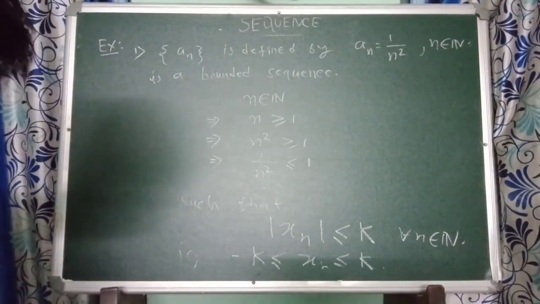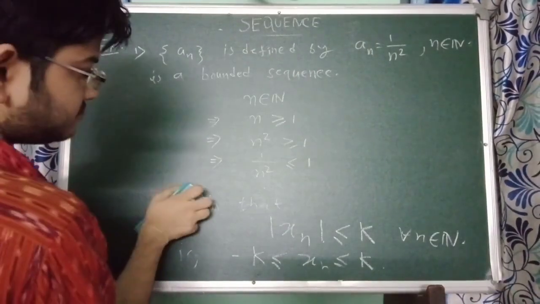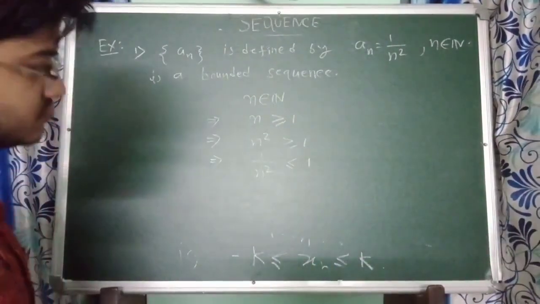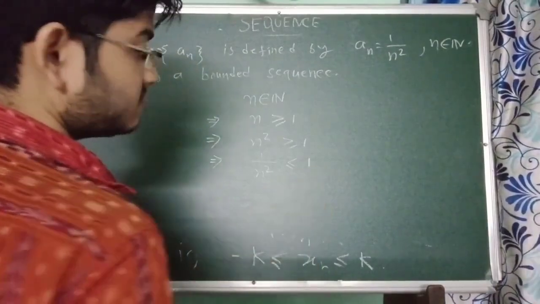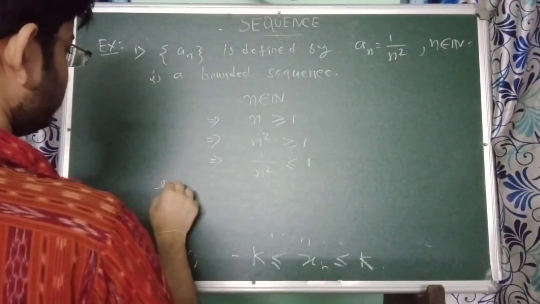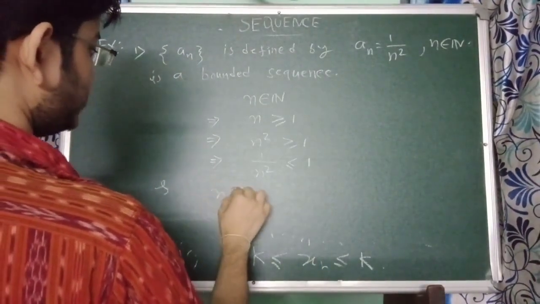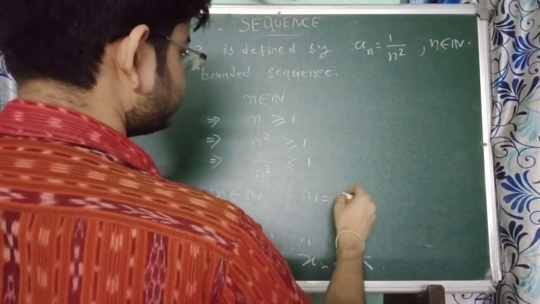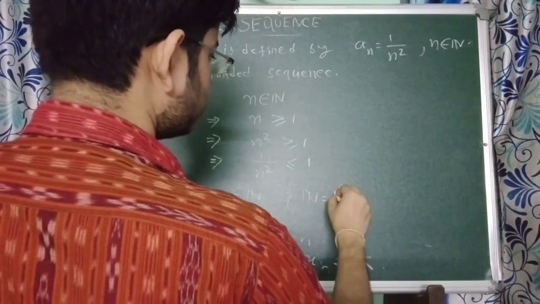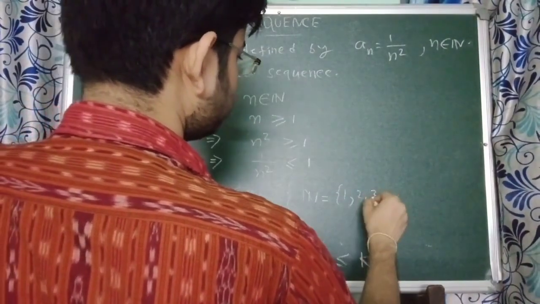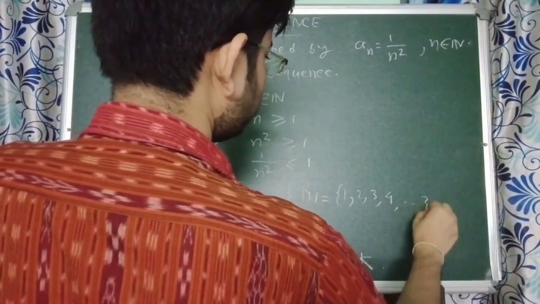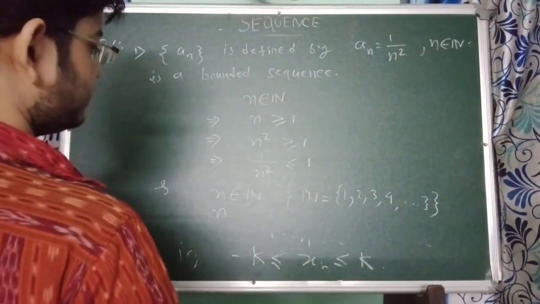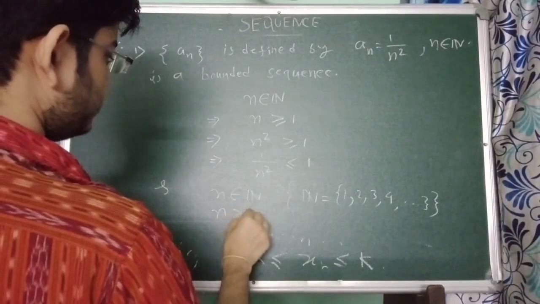This shows that 1 by n square is less than or equal to 1, and n belongs to the natural numbers, the set 1, 2, 3, 4 and so on. So in each case the natural number n is greater than 0.